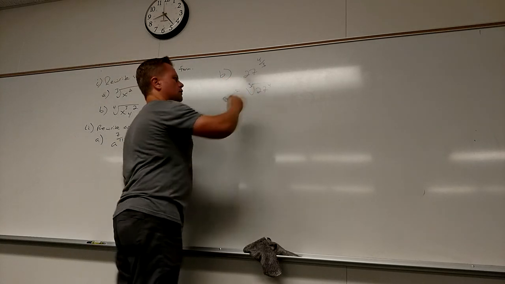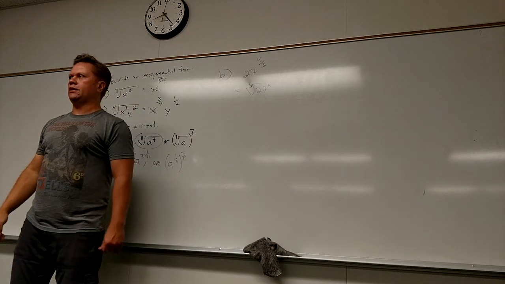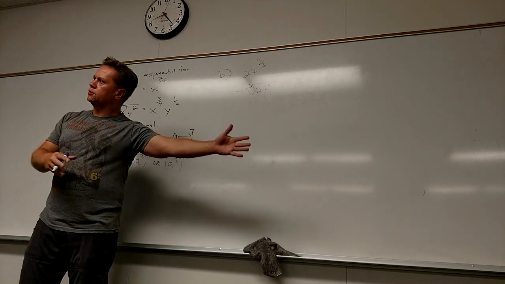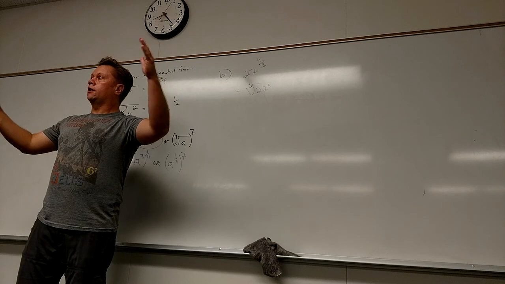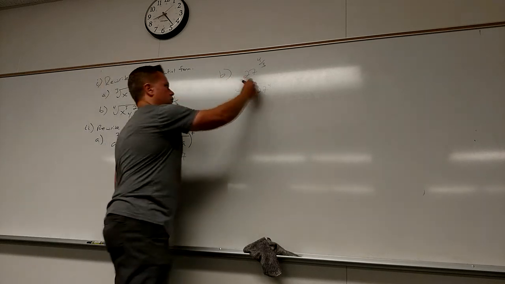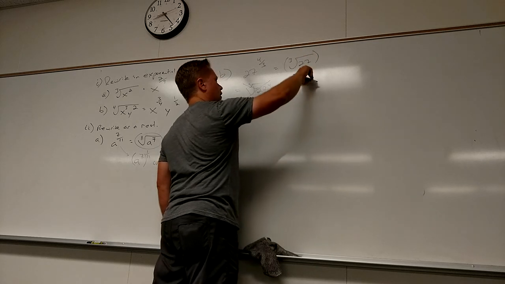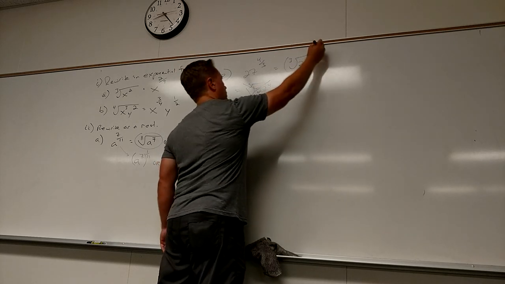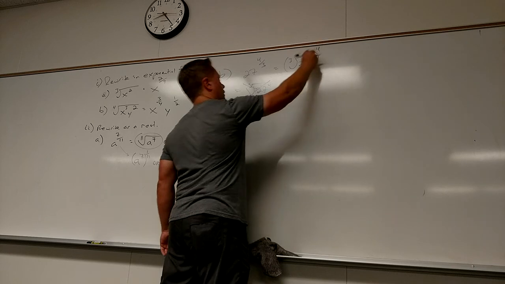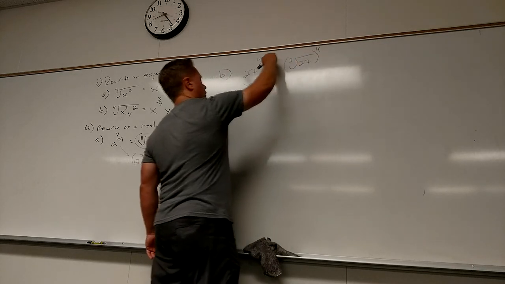You could do this. Do you really want to multiply 27 by itself 4 times? No. And then try to figure out the cube root of that? No, I don't want to. I want to do the cube root of 27 because I know what that is. And then what do I need on the outside? 4th power. I need the cube root and a 4th power.